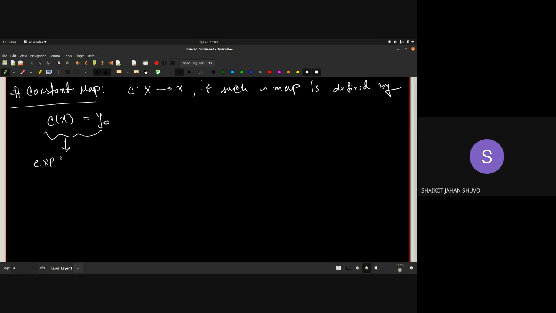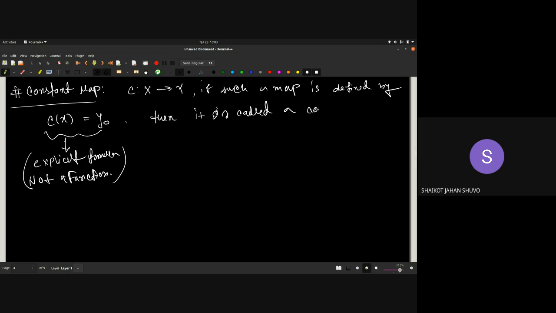Let's say some constant map is defined with C that goes from X to Y. If such a map is defined by C of x equals y naught, again an explicit formula, not a function, then it's called a constant map.